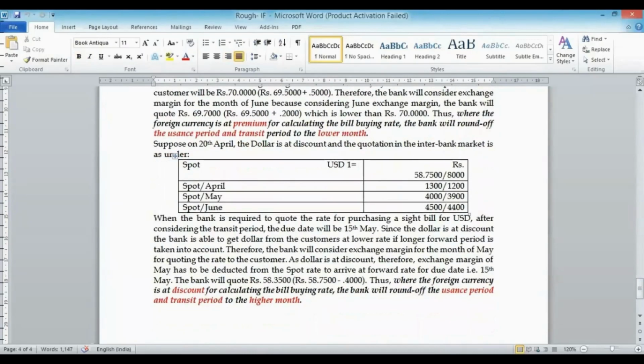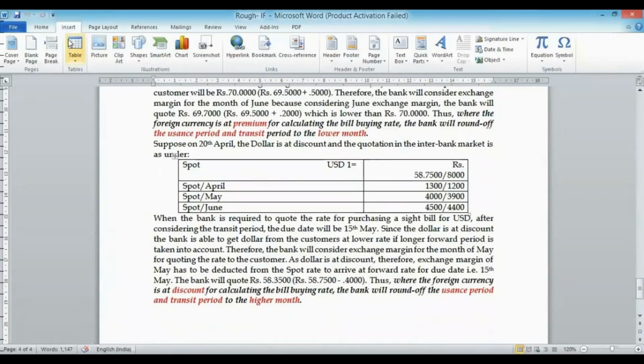Now, as we have drawn a format for calculating the TT buying rate, in the same way we will also have the format for bill buying rate. And let us try to construct the format, you and me together.